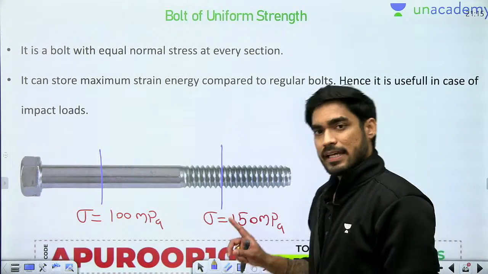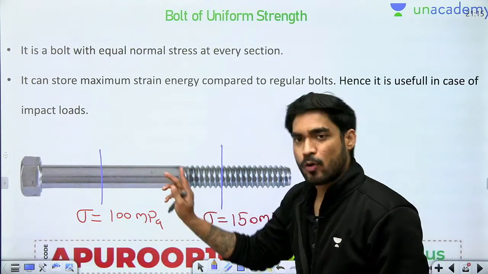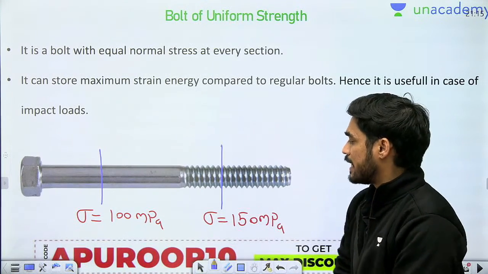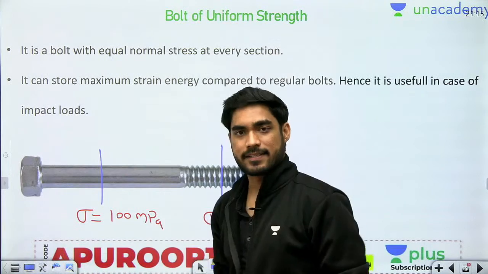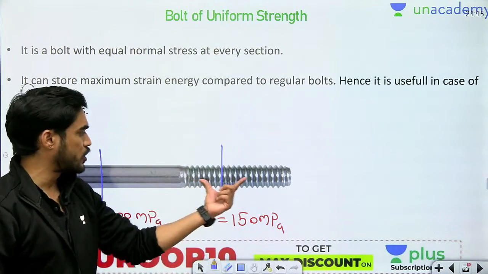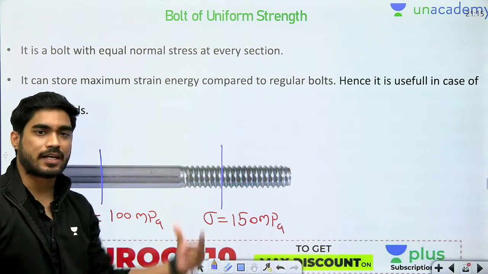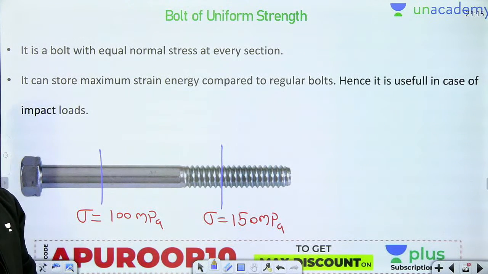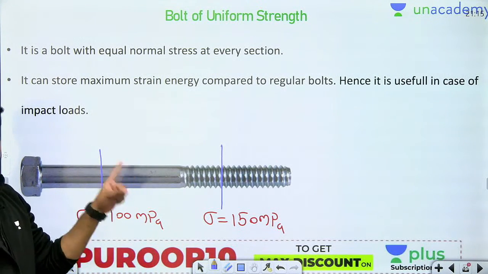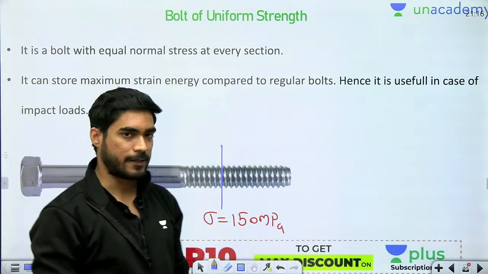In case of a normal, regular bolt, the sigma in this portion is more, the sigma in this portion is less. Means this much portion is absorbing more energy, this much portion is absorbing less energy. Means this is not absorbing the maximum amount of energy.